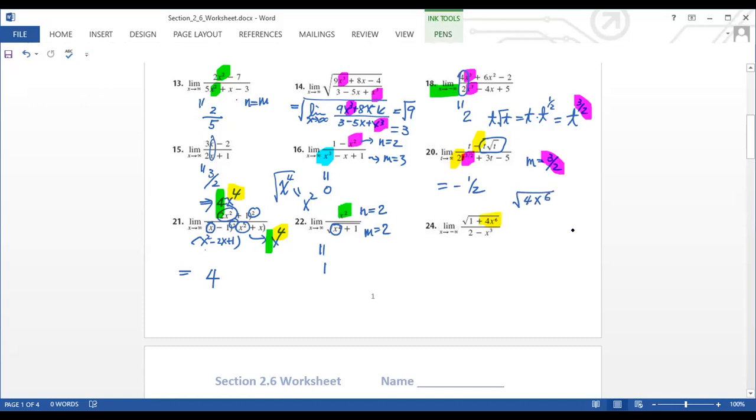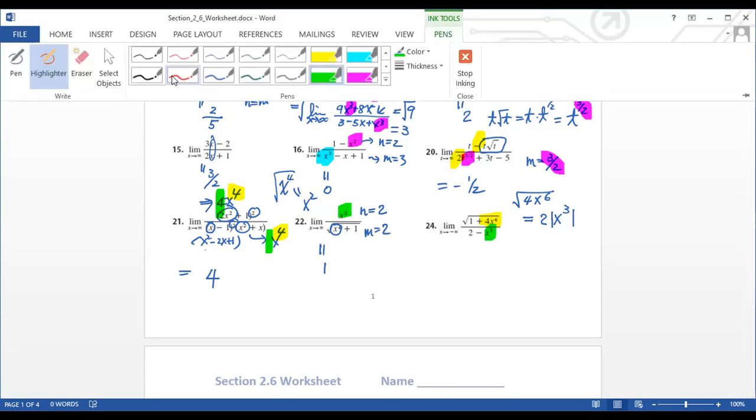So if you take the square root, this is 2x cubed. I know when I take the square root of a number, the result cannot be negative, so I put the absolute value here. So this is what I have on the top. Then what I have on the bottom here is x cubed. Oh, that's good, right?